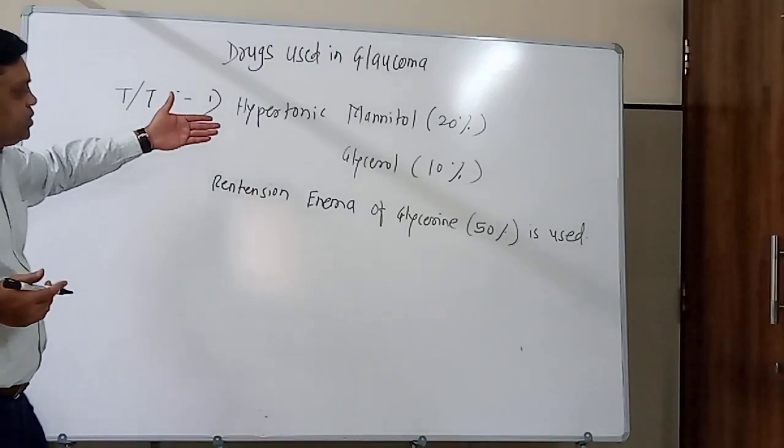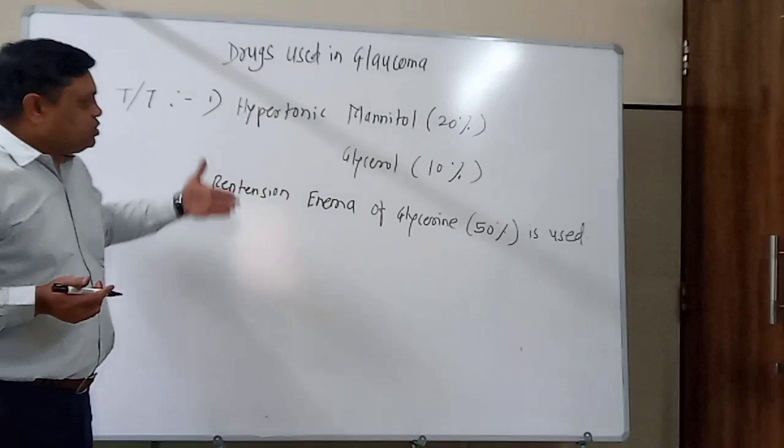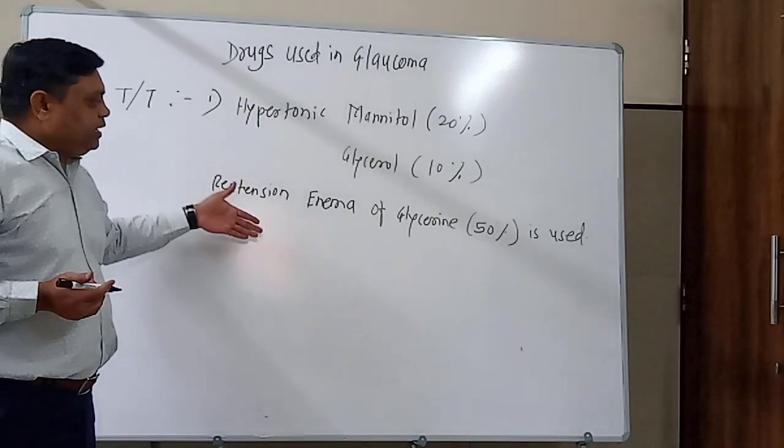Due to osmotic action, mannitol and glycerol draw fluid from the eye into the systemic circulation. Due to this osmotic action, intraocular pressure is decreased.